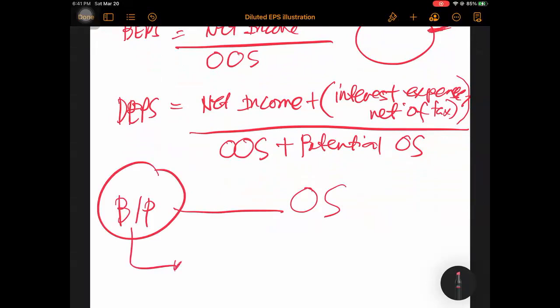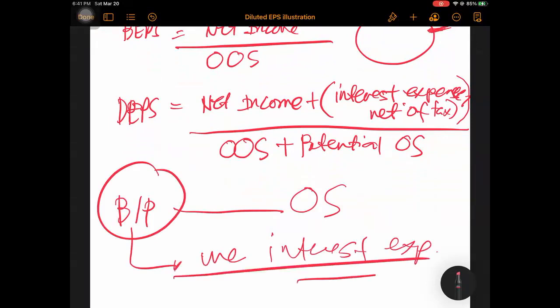Therefore, we don't recognize interest expense anymore, because our assumption is that it is already ordinary shares.